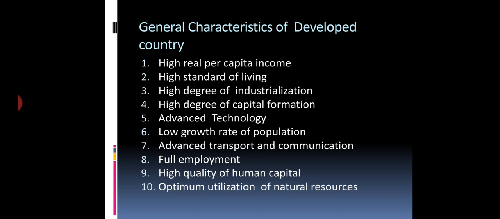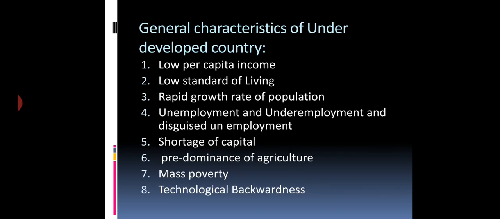Number 3, high degree of industrialization. Number 4, high degree of capital formation. Number 5, advanced technology. Number 6, low growth rate of population. Number 7, advanced transport and communication. Number 8, full employment. Number 9, high quality of human capital. Number 10, optimum utilization of natural resources.